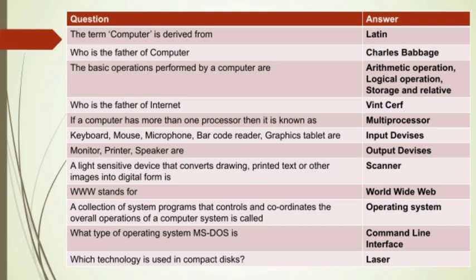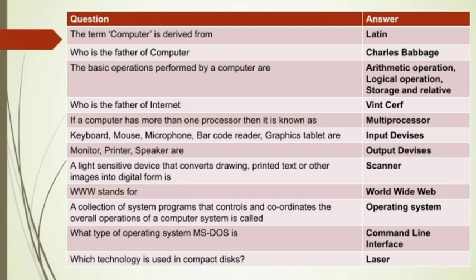Keyboard, mouse, microphone, barcode reader, graphics tablet are input devices. Monitor, printer, speaker are output devices. A light-sensitive device that converts drawing, printed text or other images into digital form is a scanner.